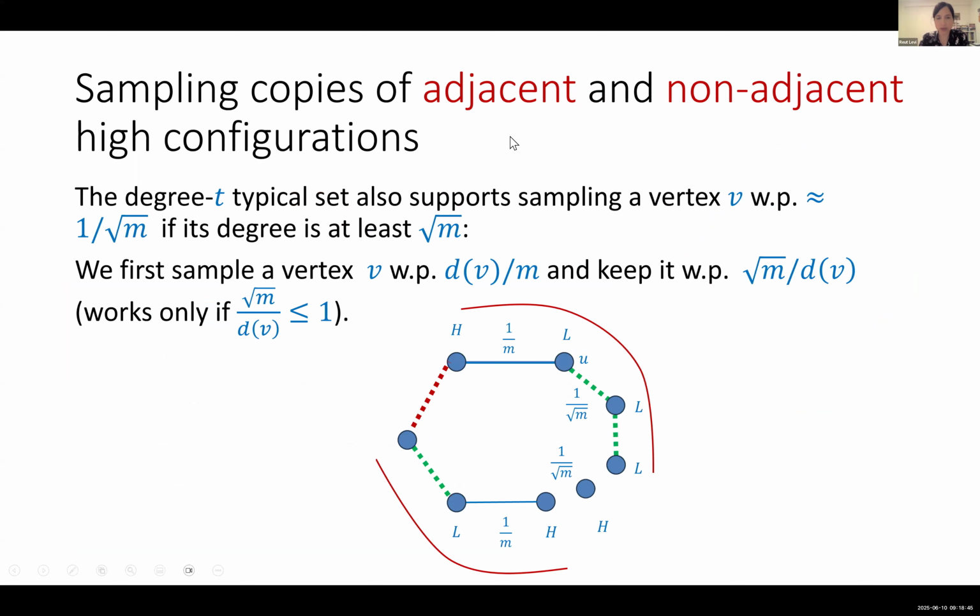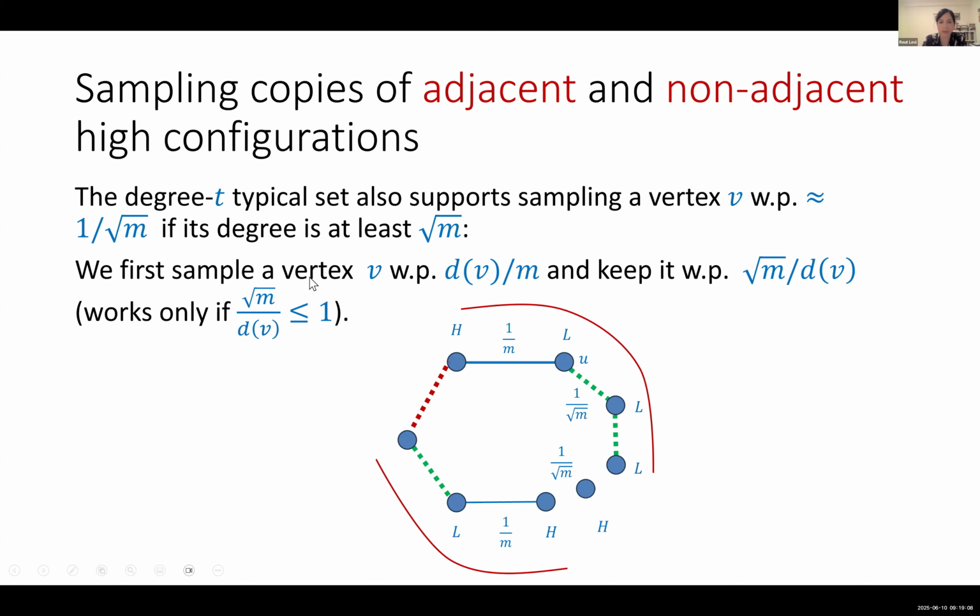Okay, so now let's consider the case in which the copies have high degree vertices which are adjacent. The degree T typical set also supports sampling a vertex with probability which is roughly 1 over square root of m, as long as its degree is at least square root of m. How do we do this?